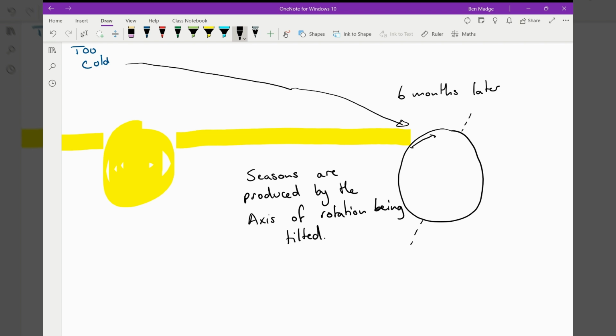Okay, and how spread out the insolation is. The amount of solar insolation doesn't change, it's constant from the sun, but how spread out it is over the planet does change depending on the season, where the Earth is in relation to its orbit around the sun.